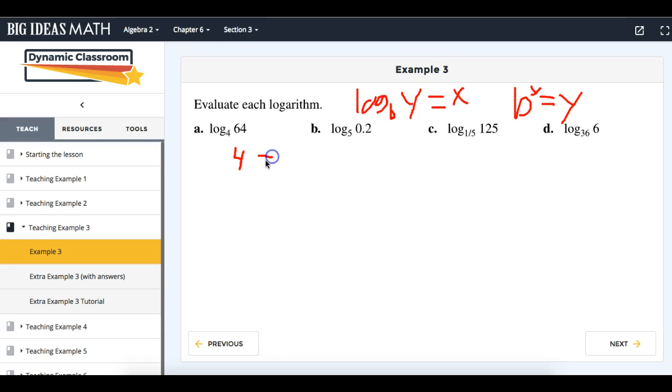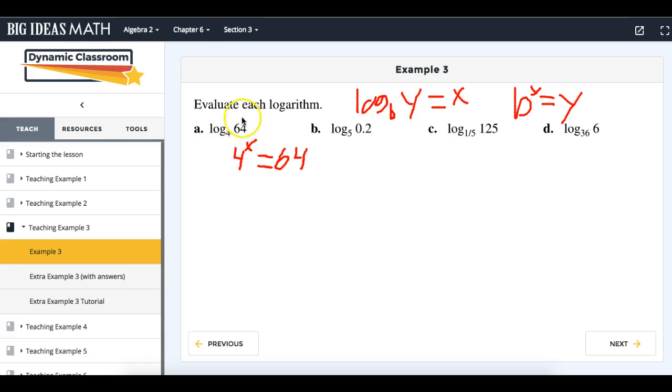So our equal sign is going to go here, and 64 is going to go to the other side. Now the only part that we're missing is what becomes our exponent. So we know right here that our base is 4. We don't know what our exponent is because we don't know what is on the other side of this. But we know that when we take 4 to some power, that's going to be equal to 64.